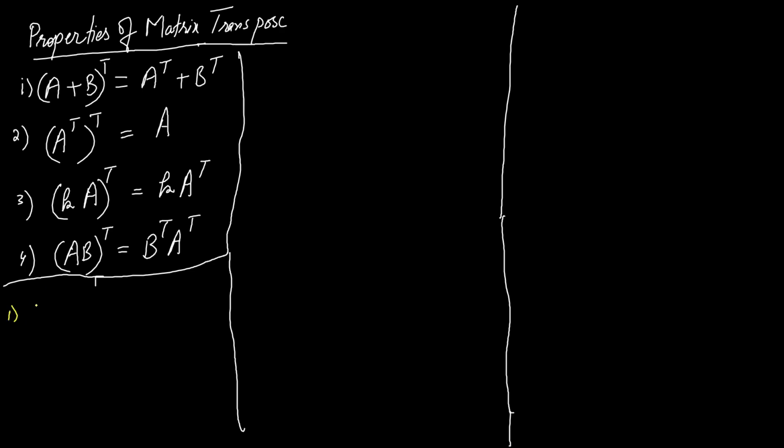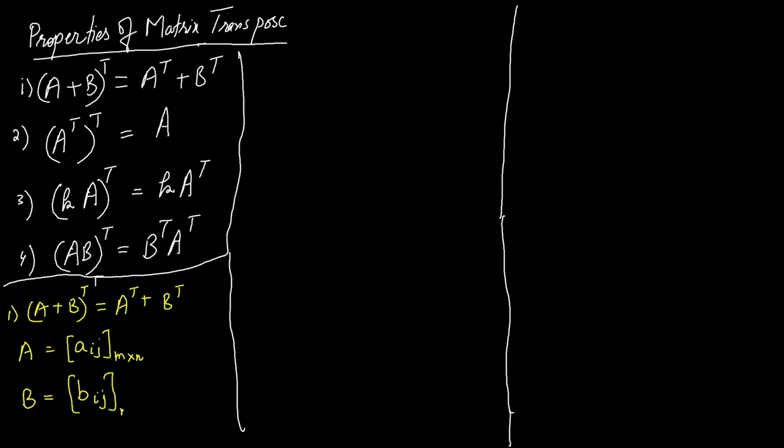First property, A plus B whole transpose is equal to A transpose plus B transpose. Suppose A and B are two matrices of the same order, m cross n, m rows and n columns. Then by definition of addition of two matrices, the entry at row i and column j of A plus B is obtained by adding the corresponding entries in the two matrices, Aij plus Bij.